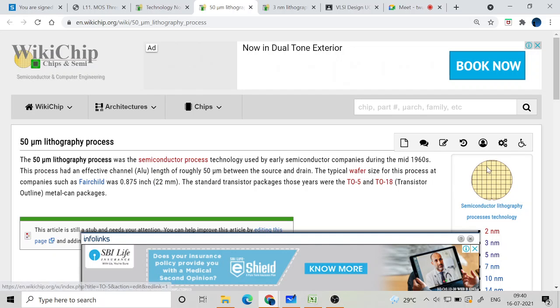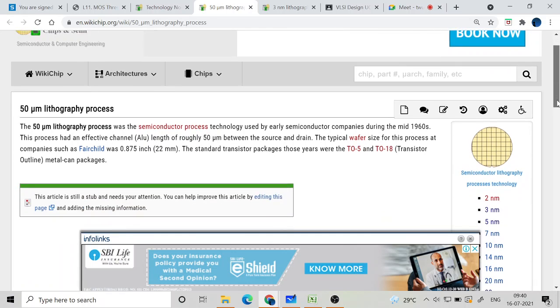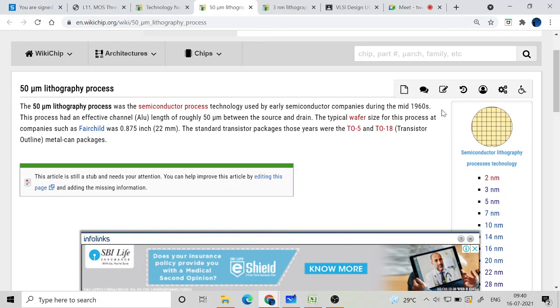So the channel length of the MOSFET is of the order of 50 micrometer. Usually this is lambda length, so 2 lambda is basically the length, so 100 micrometer will be the channel length.